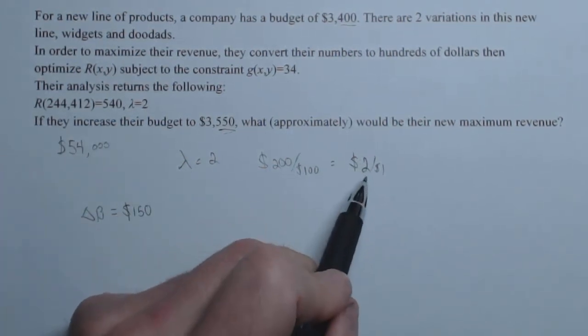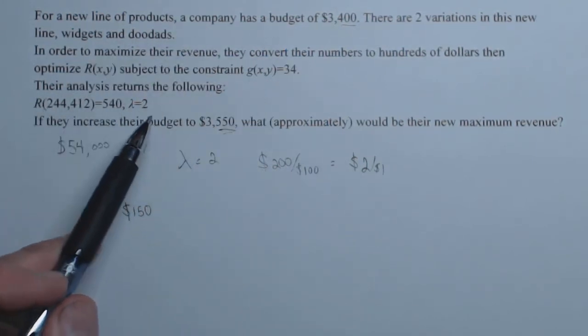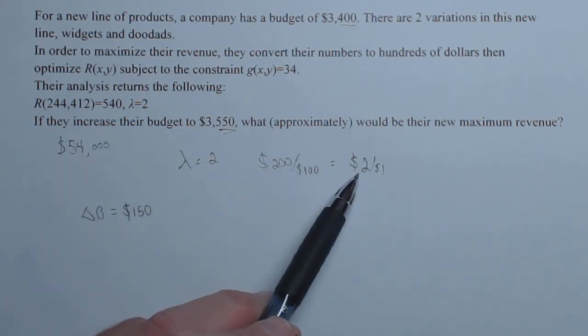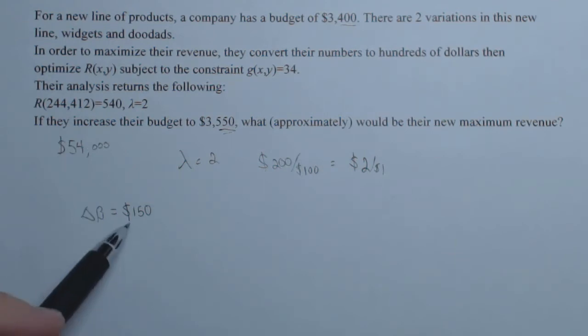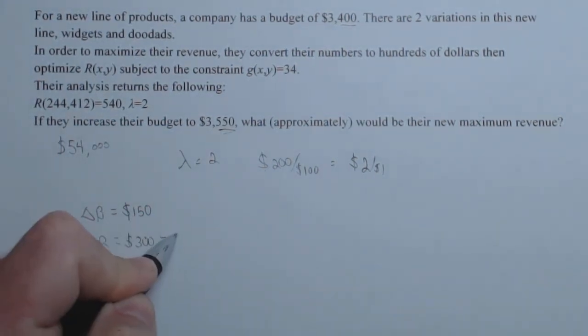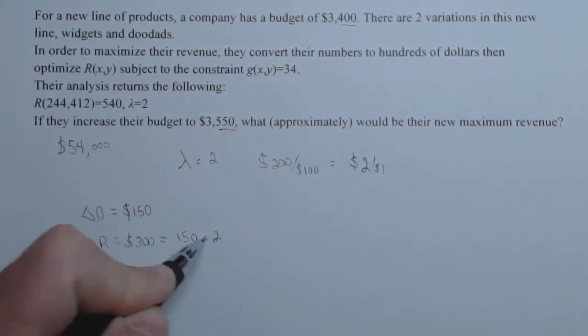And according to lambda, at this current level, if they were to increase their budget, we would expect their revenue to roughly go up by $2 per $1. So if they have an increase in a budget of $300, we would see roughly an increase of revenue of $300. That's coming from taking the additional budget and multiplying it, in this case, by our lambda.